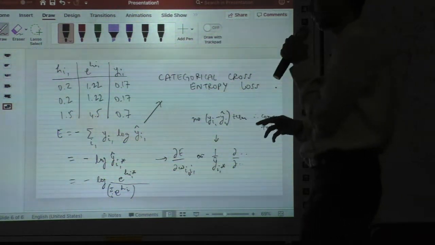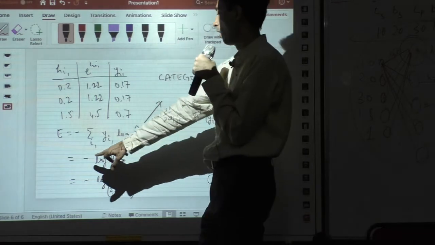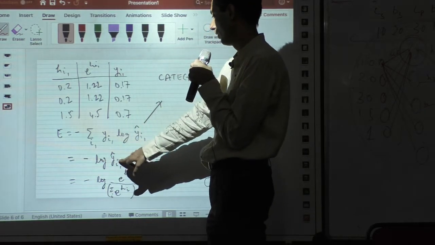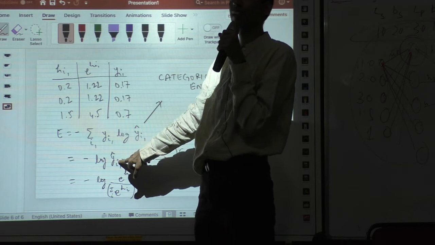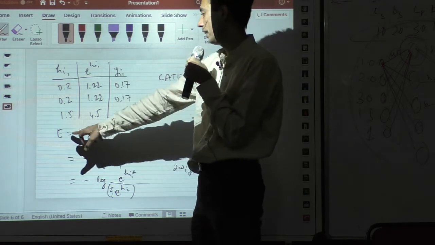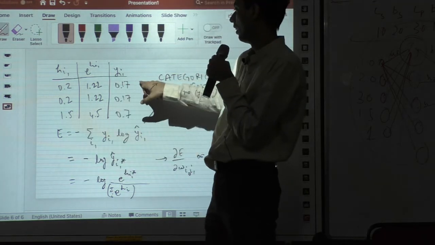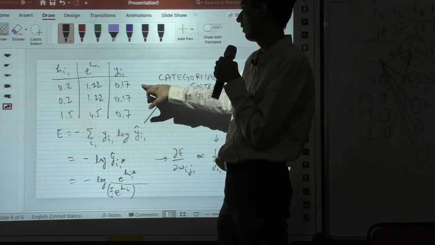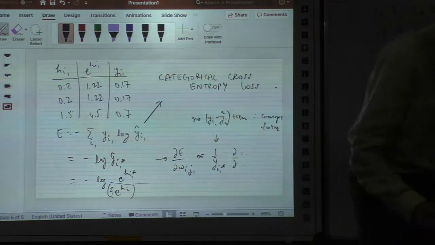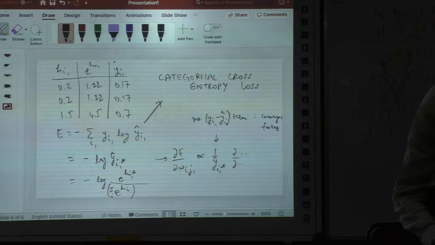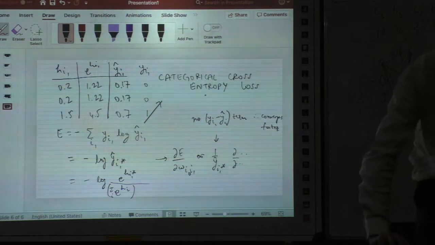Okay, I think what you are saying is you just substituted minus log 0.7. That's it. What is the E here? Your y_i hat is this, and your y_i1, the desired one, is 0, 0, 1.